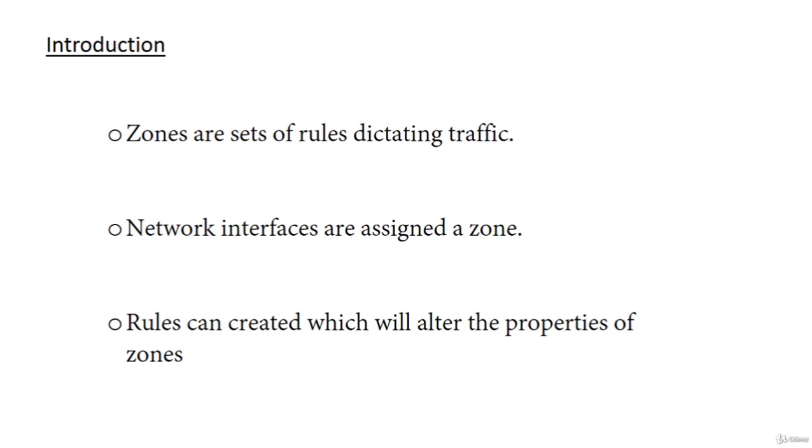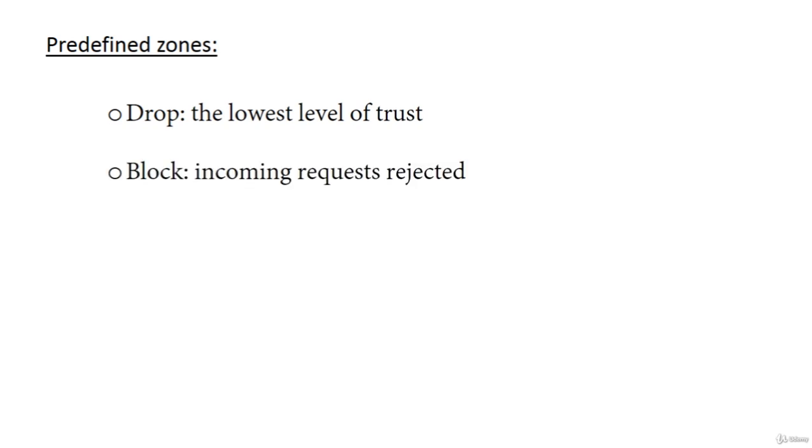In order from the least trusted to the most trusted, we're going to discuss the predefined zones in Firewalld. The very first one is drop. This is the lowest level of trust. All incoming connections are dropped without reply, and only outgoing connections are possible. The second one is block.